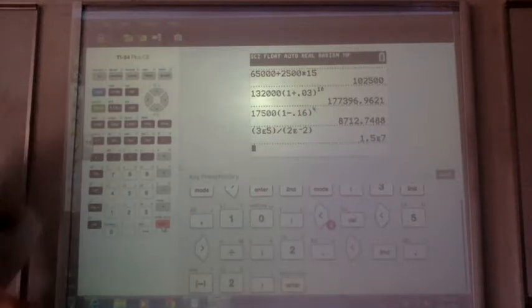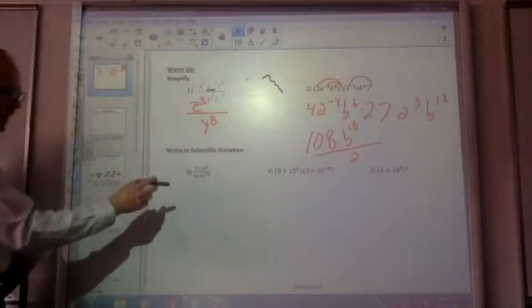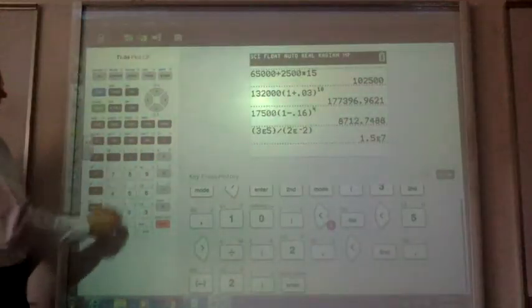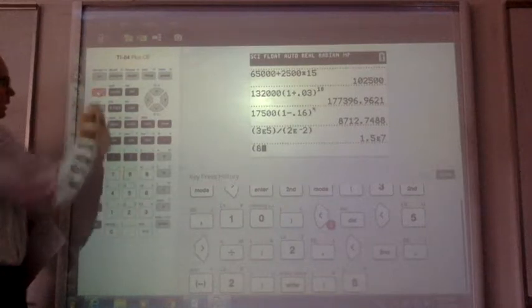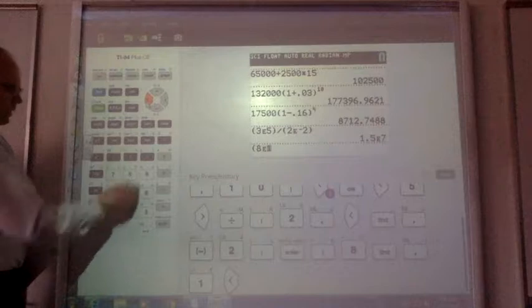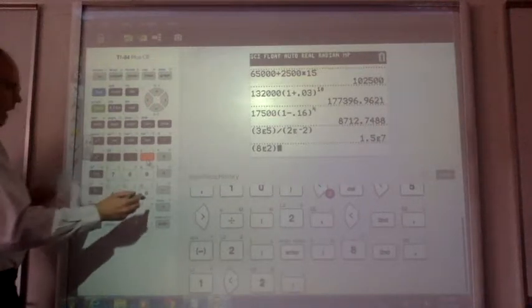Okay, second problem. 8 times 10 to the 2nd, so 8e to the second. Close parentheses, and we're timesing it.